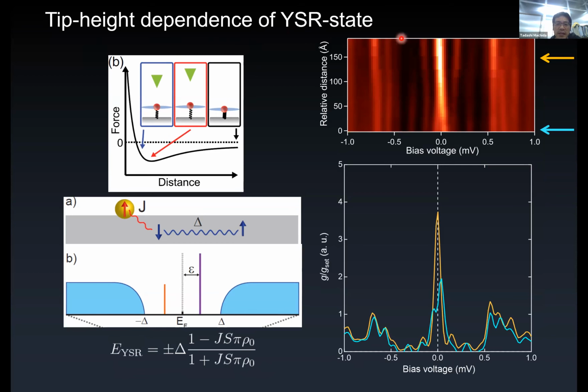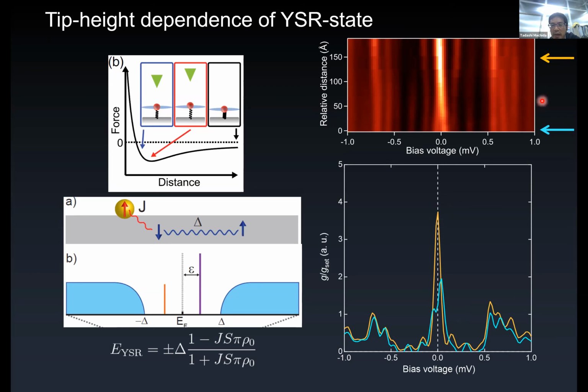So this is our experimental result of the tunneling spectrum as a function of the relative distance between the tip and excess iron impurities. At this tip height here, we can see the clear zero energy peak, as shown in this orange spectrum.